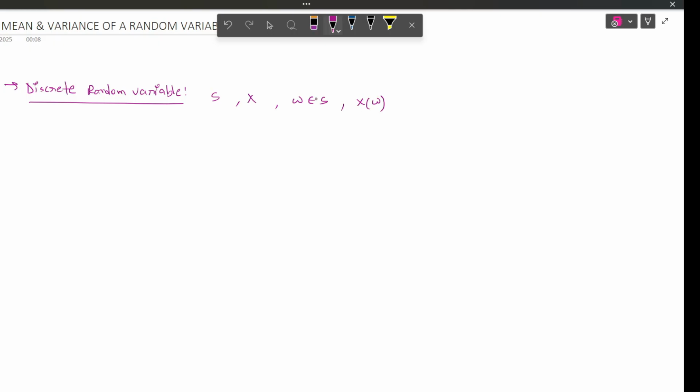In other words, a random variable is a real valued function having as domain the sample space associated with a random experiment.